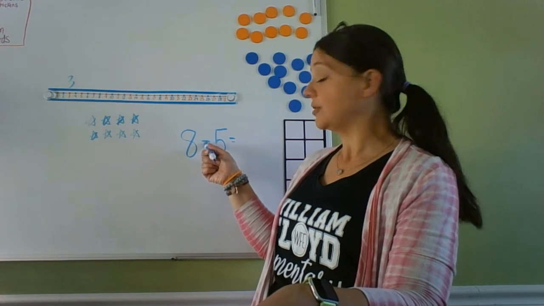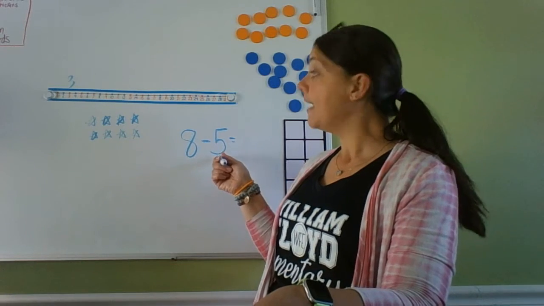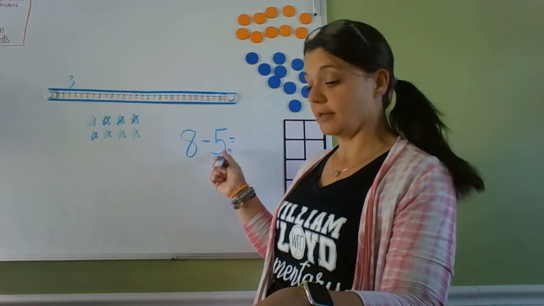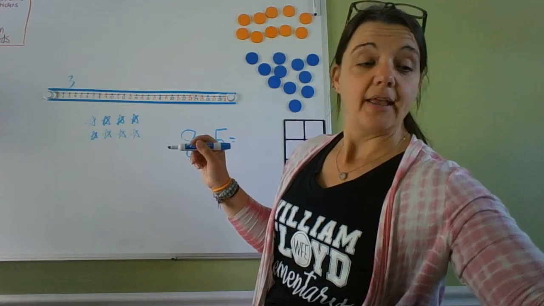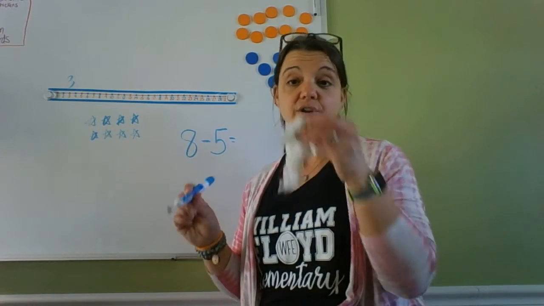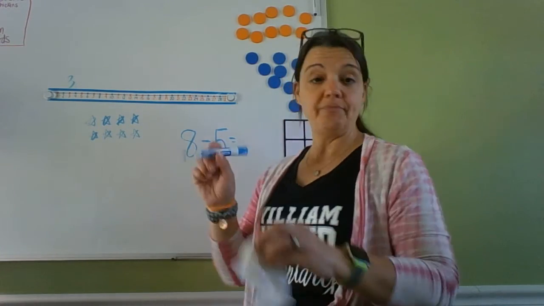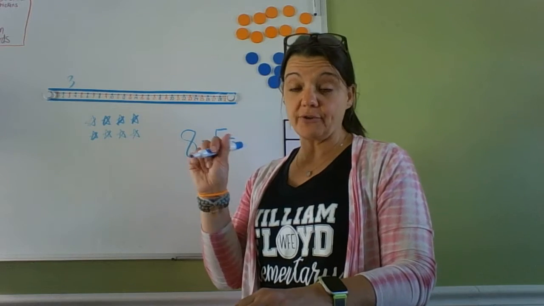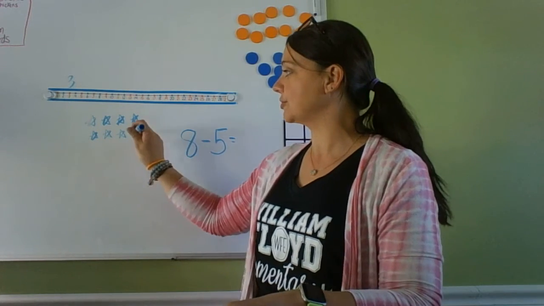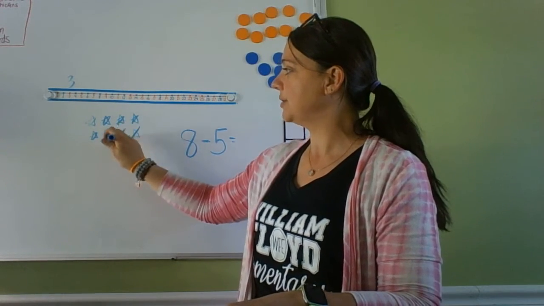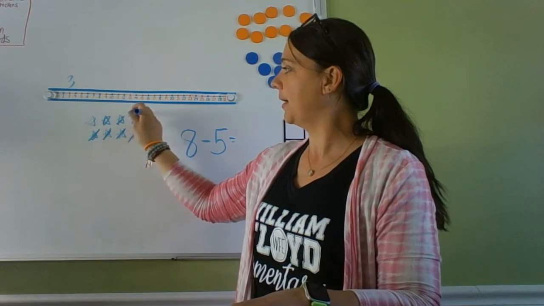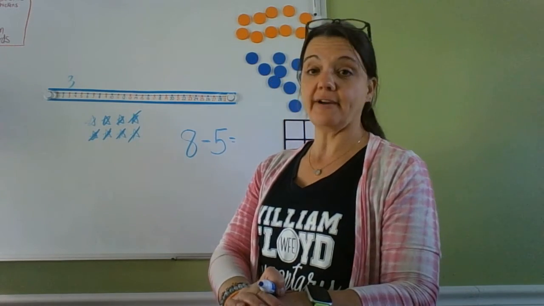And then I'm going to go ahead and erase or take away 5 of those stars, right? If you have an eraser, you can erase them. If you're doing this with a crayon or a pencil, you could just cross them out. You could go 1, 2, 3, 4, 5. Cross out 5 of them.